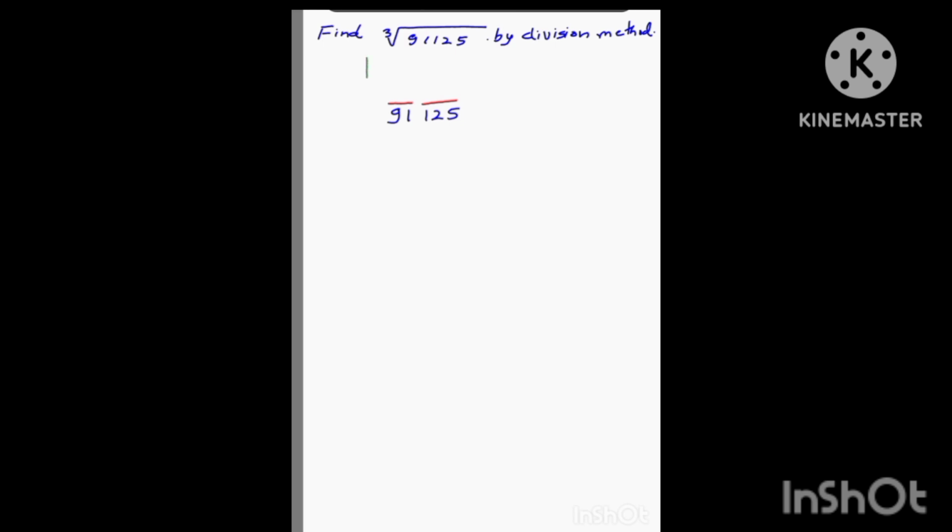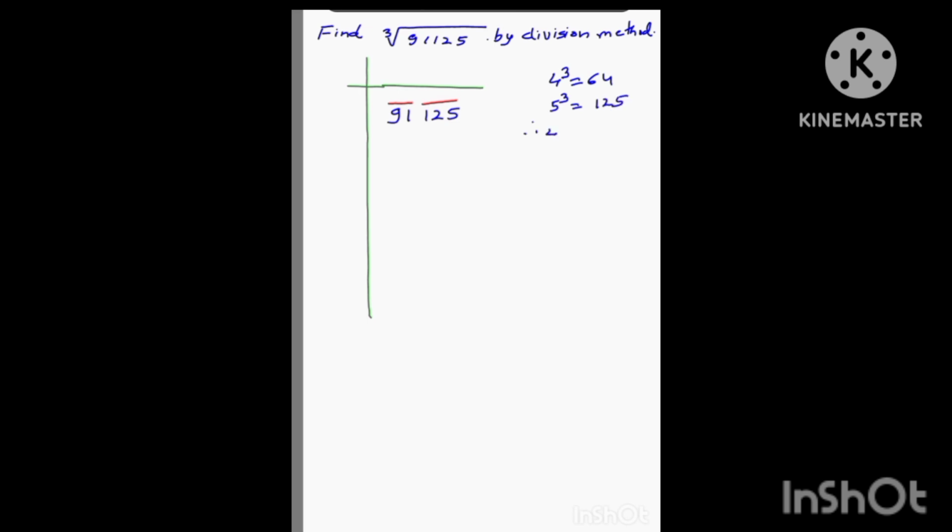In the 2 lines then, we will see two numbers where 91 lies between the cubes of these numbers. Okay, so 4 cube is 64 and 5 cube is 125. So 91 lies between 4 cube and 5 cube.